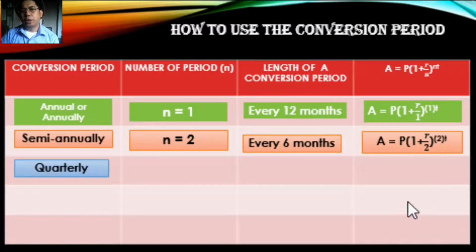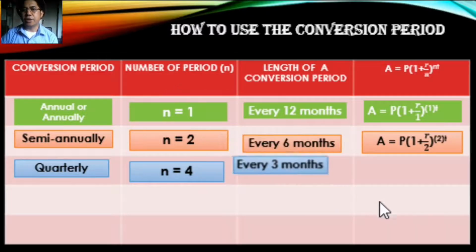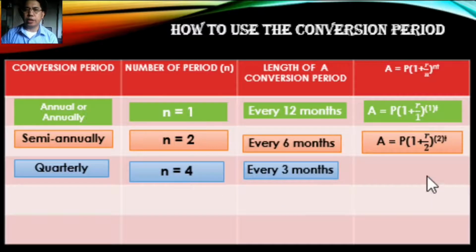Quarterly. How many conversion periods in a year? There are 4. Now, what is the length of one conversion period when we say quarterly? That is every 3 months. And how will we use this n in your working equation? Again, you just plug it in as your divisor and the factor in your exponent.